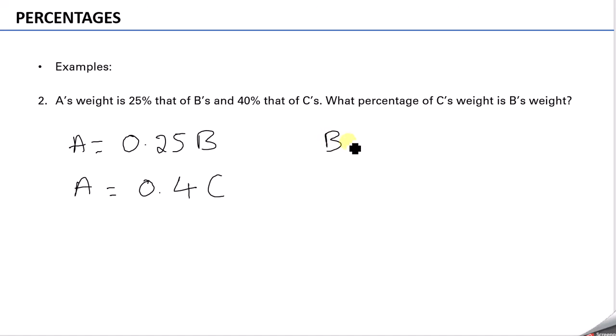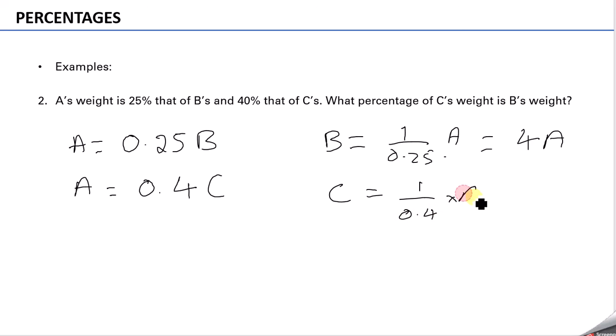So let's convert this into B is what? 0.25 is 1 by 4. So 0.25 into B equals A, so B can be written as 4A. Similarly, C is 1 by 0.4 into A, which is 2.5A. So we have B and C in the same terms.